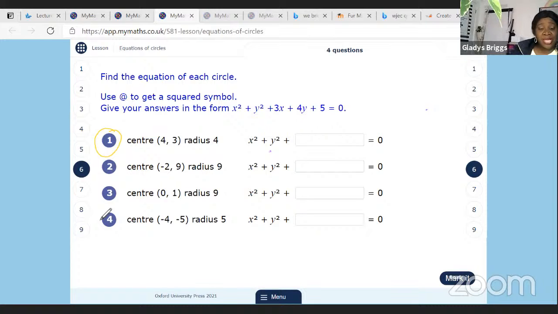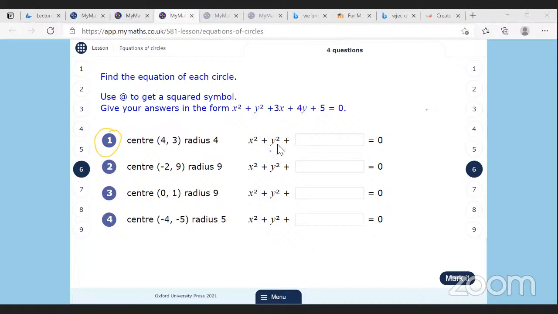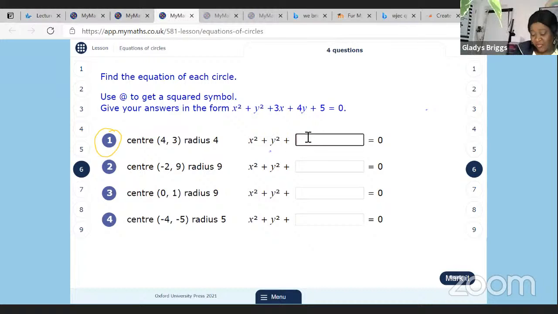Would you like me to do that one? Or are you almost finishing? Can you do this one? Well, let me check if my answer is correct in the first instance, okay?